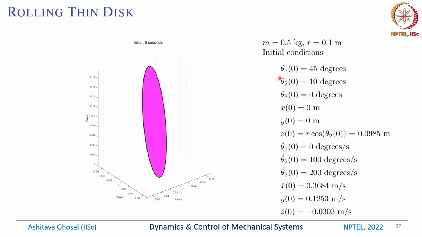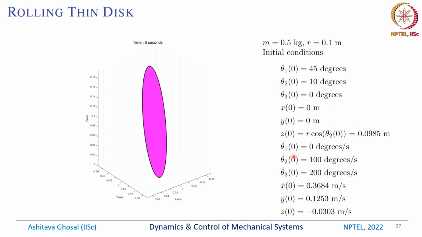So we have randomly chosen theta 1 0 as 45 degrees, theta 2 0 as 10 degrees, theta 3 0 as 0 degrees, x and y as 0, basically at the origin. So we are going to start at the origin. The disk is tilted a little bit, and the z coordinate is 0.0985. If theta 2 0 is 10 degrees, then it is r times cos of theta 2 0. So this is very close to 1, but not exactly 1.